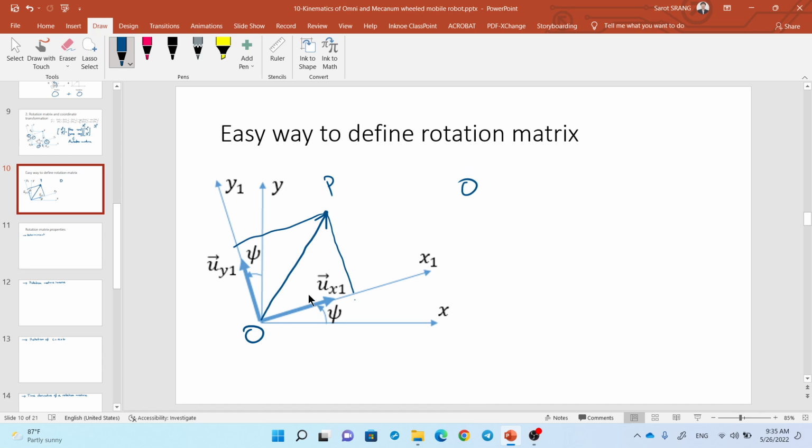Let's say OP equals, from O to this point, which means H1P itself times unit vector UH1, plus this vector, which means the Y1P itself times unit vector UY1, right? Now I rewrite it in algebraic form. So OP is actually just HP, YP.